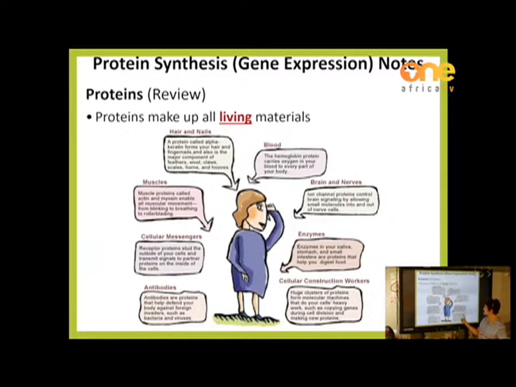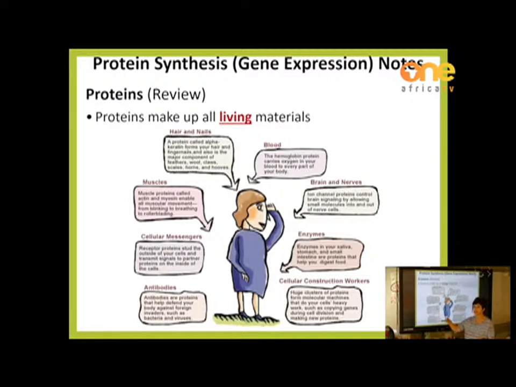Then we have clusters of proteins to help the cell copying genes and making cell division and new protein synthesis possible. Antibodies, proteins that help with the immune system. We call them immunoglobulins.